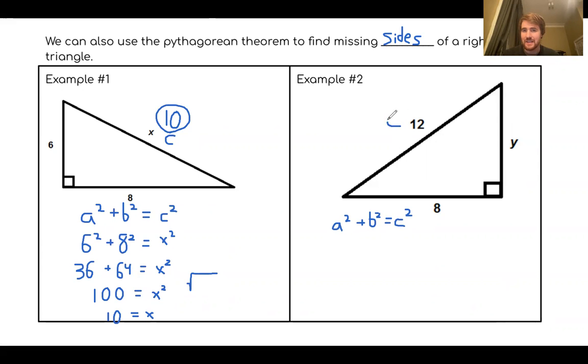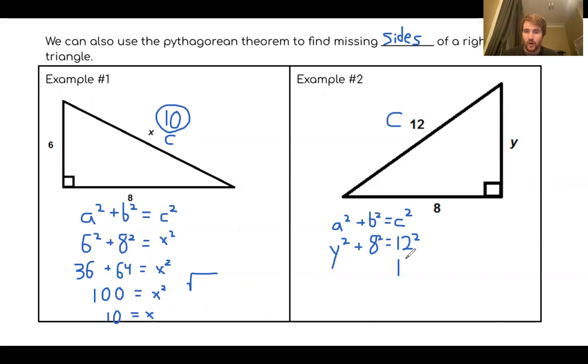In this case, c is 12 because that's the side opposite the right angle. So we'll put 12 squared in for c. This is a very common mistake. Doesn't matter which one is y. We'll say that y is a. That's what we're trying to figure out. Y squared plus 8 squared equals 12 squared.